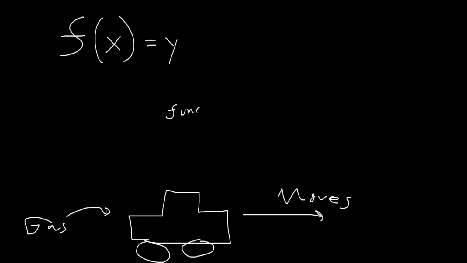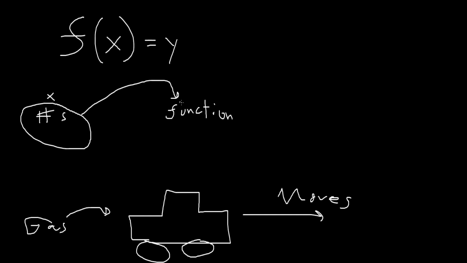So we have a function and we have some numbers. We're going to call those x. So x could be certain numbers, and we put those numbers into the function. When we put those into the function, it gives us our y values, also known as our f of x values.